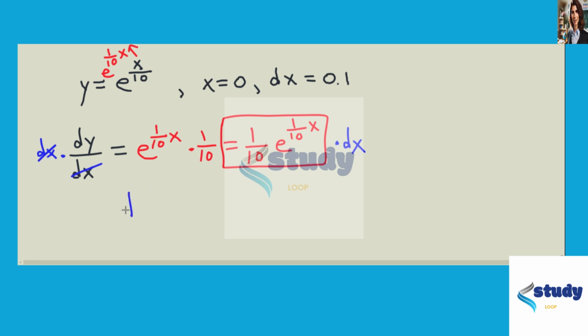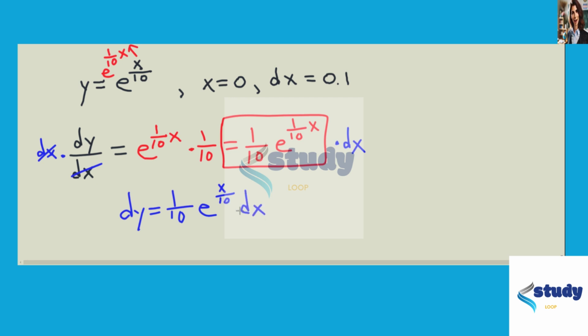So we have our differential in y is equal to 1/10 times e to the x over 10. 1/10 times x, we can rewrite it as x over 10, times dx.